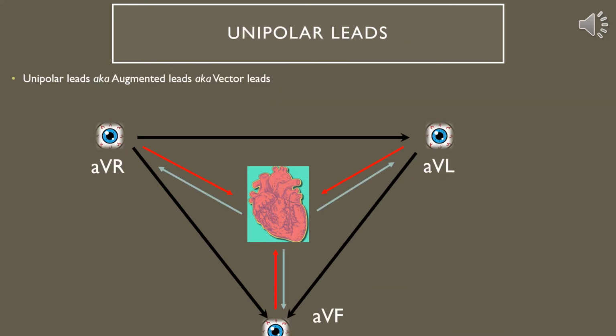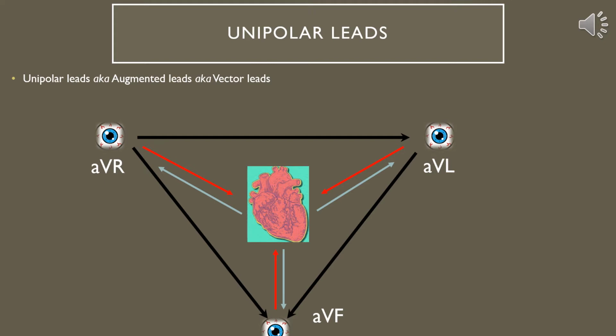In the previous slide, we talked about bipolar leads, which have a positive and a negative electrode, and the information that's gathered from both these electrodes is taken to the EKG machine, and it provides you with these waveforms that show the electrical activity. On unipolar leads, instead of having a positive and a negative electrode, these leads have the positive electrode with a grounding electrode.